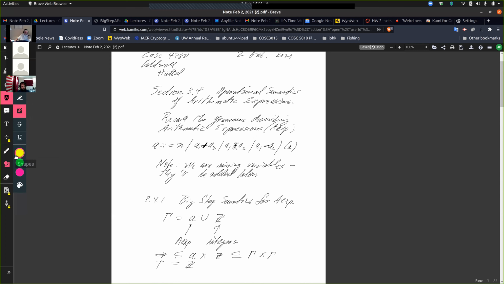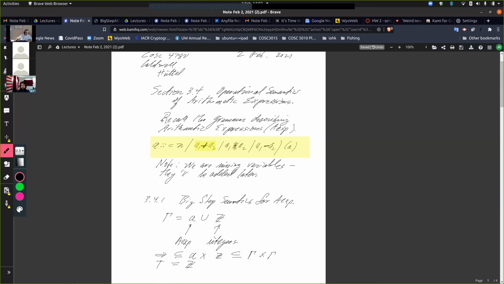If we look at the grammar for arithmetic expressions, an arithmetic expression is either a numeral, which is some representation, like a sequence of digits 0 through 9 to represent a number, or it's a syntax tree of the form A1 plus A2, where A1 is a syntax tree, A2 is a separate syntax tree, and plus is at the top.